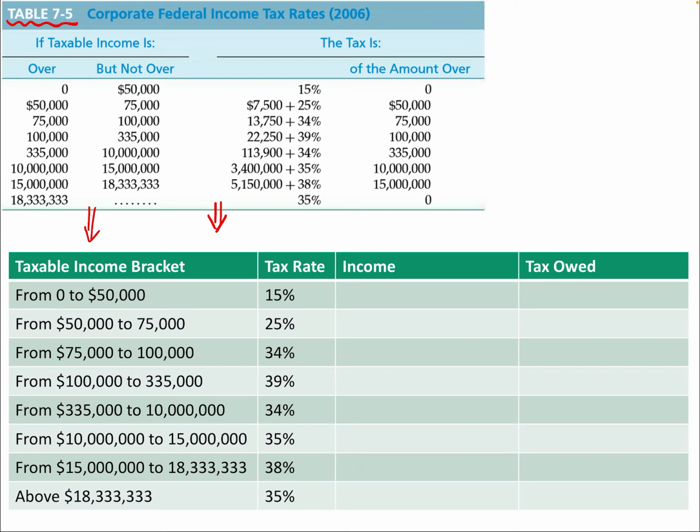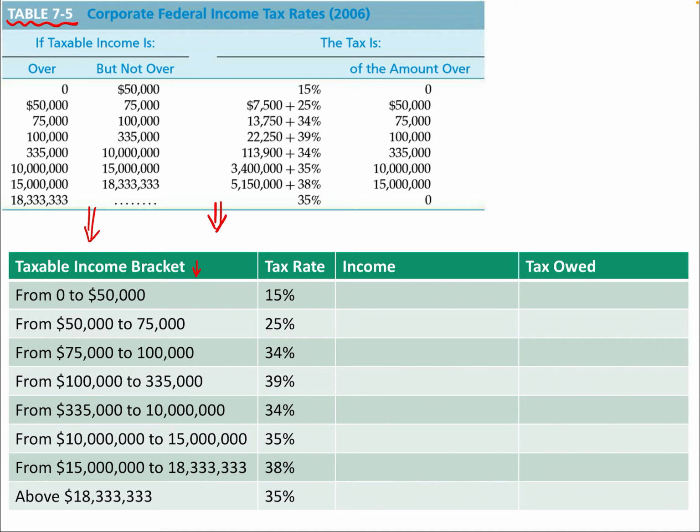So taxable income bracket, the first column, from 0 to 50,000. That's the first 50,000 you earn, and for that part your tax rate is 15%. And whatever is left from 50,000 to 75,000, for that part you need to use the tax rate of 25%.